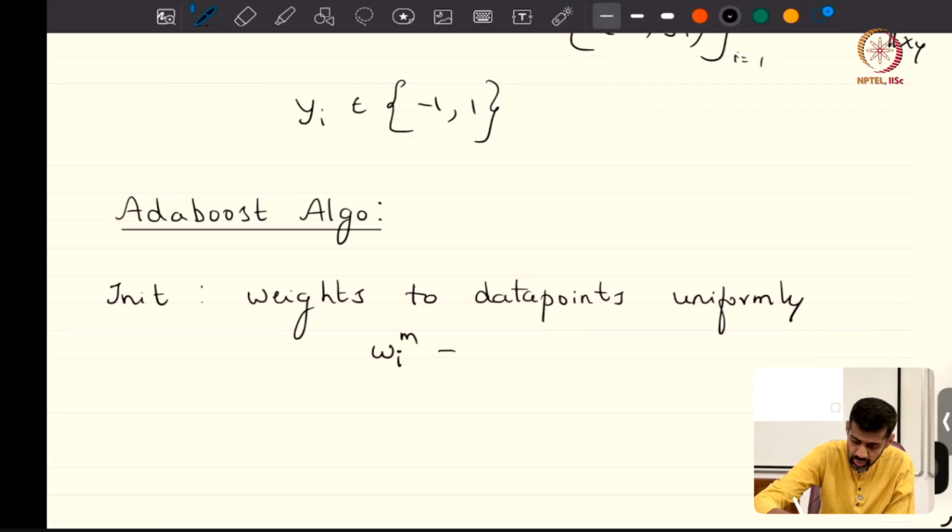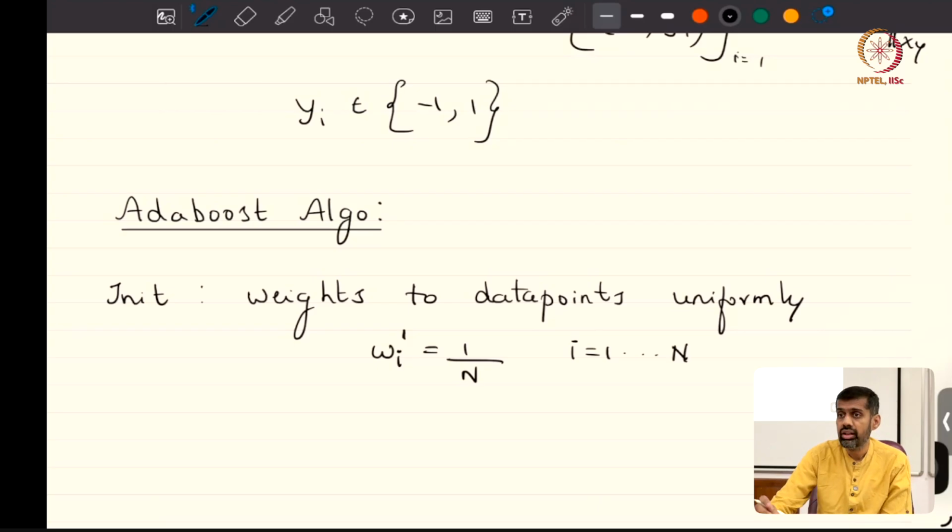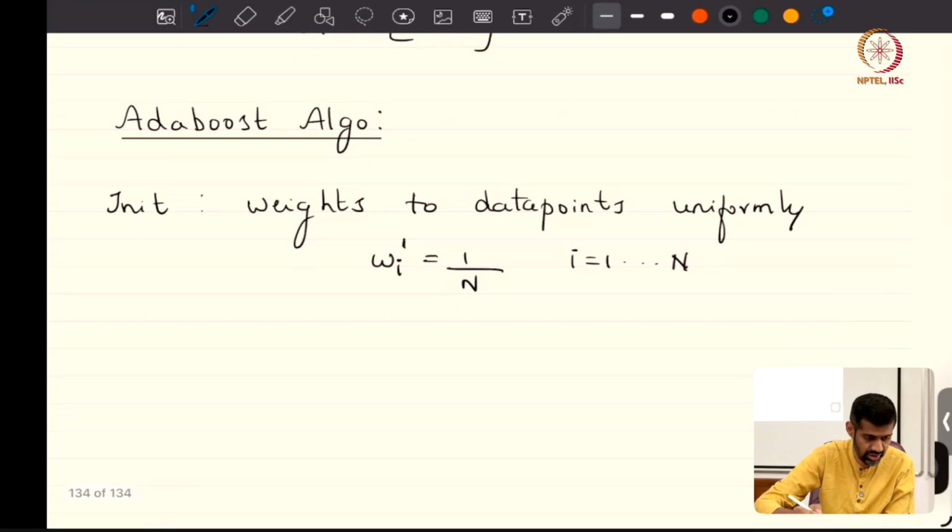Sorry, this should be 1. Hold on. w_i^1 equal to 1/n, for i from 1 through n. The subscript represents the data index, and the superscript represents the iteration index. And we have m such classifiers that we are looking at.